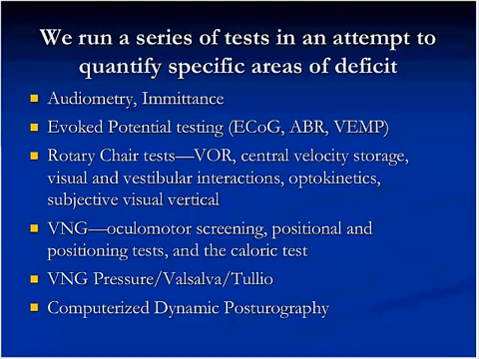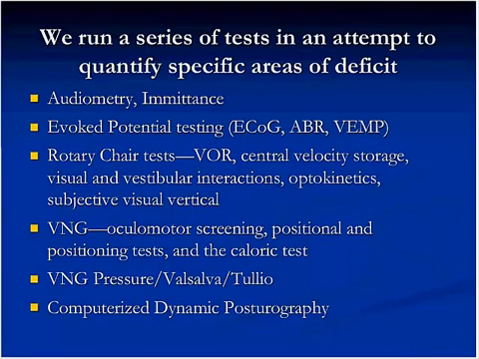So we run a series of tests to try to quantify the specific areas of deficit, if there are areas of deficit. So we look at audiometry, which is hearing testing, and emittance testing, which looks at the function of the middle ear, the eardrum, and the three little bones of the middle ear.